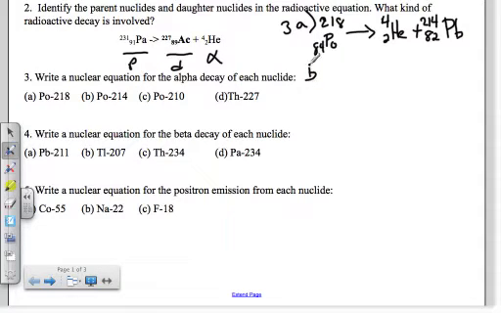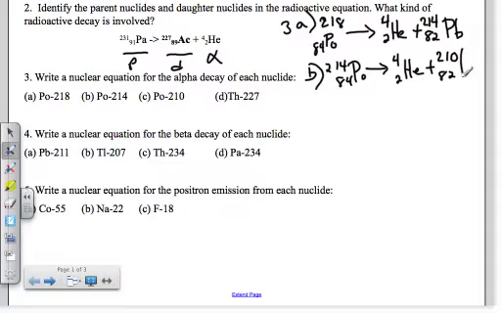All right, B, this time we're going to start with polonium 214. So 84 again. Alpha particle as a product. Remember, the word decay implies product. Now we're going to have 210. We're once again going to have lead. Remember, I told you lead is a common byproduct.